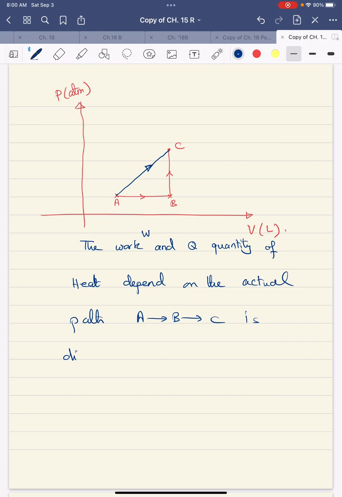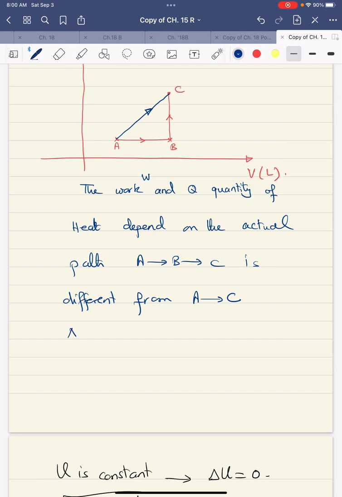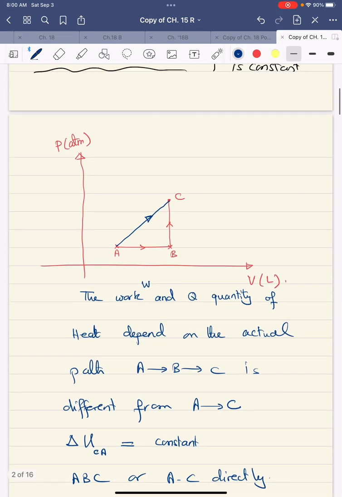They're going to give you different values for Q and W than going from A to C. But in all the cases, delta U, or U_C minus U_A, is going to be a constant, whether you took ABC or AC directly. This is something that you need to know.